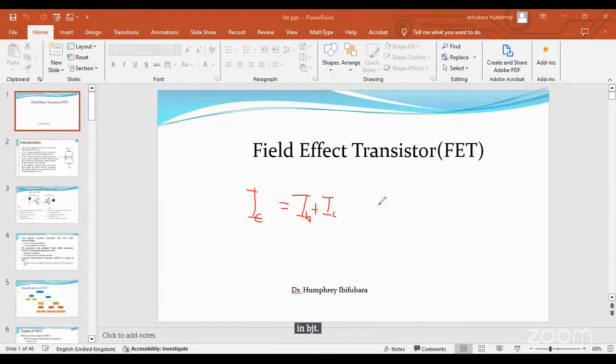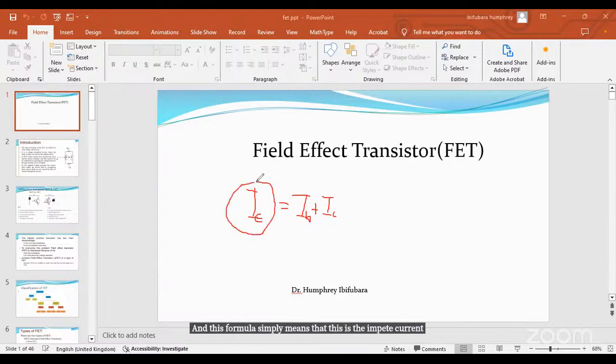Without this formula, nothing works in BJT. And this formula simply means that this is the input current, it depends on the configuration, but let's say common emitter or common base. And then this is our output current. So it is this current that controls what comes here.